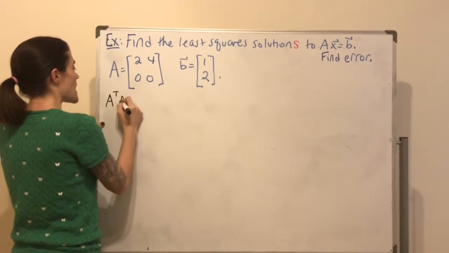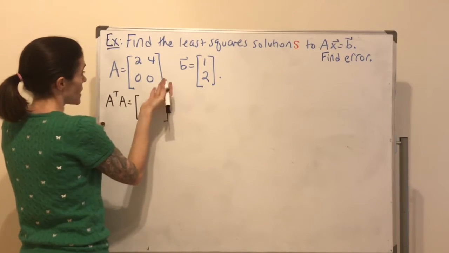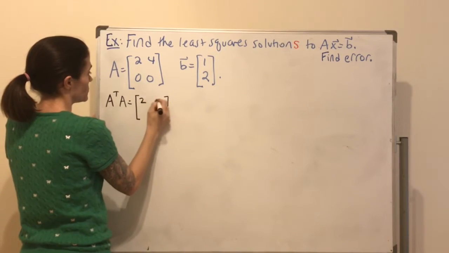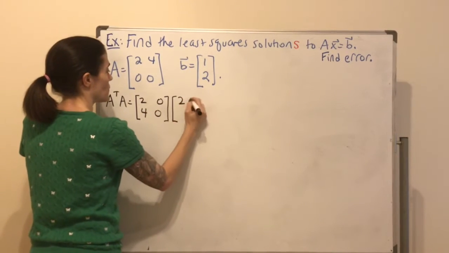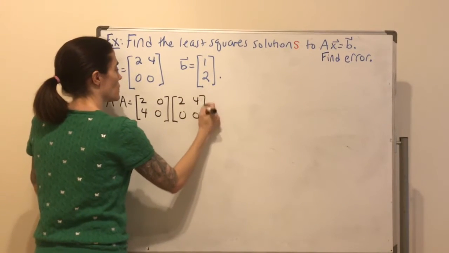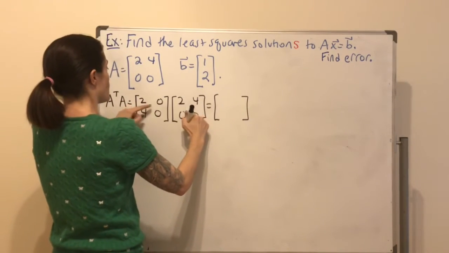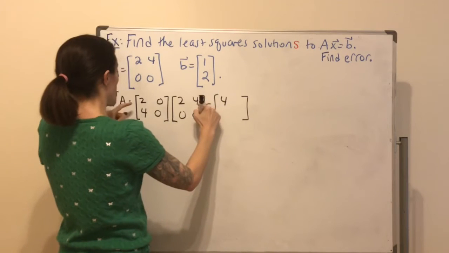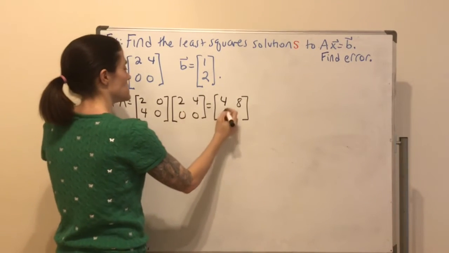A transpose A equals, okay, we have 4, we have 8, we have 8.